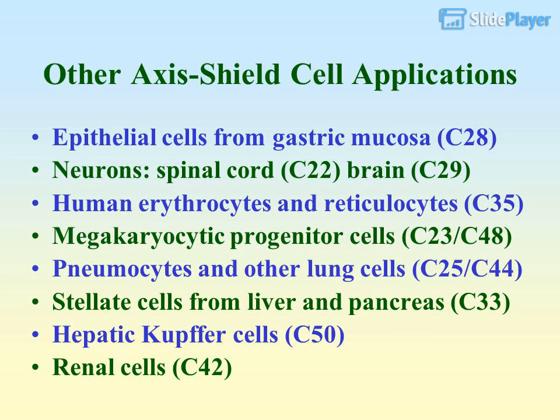Other Axis-Shield cell applications: epithelial cells from gastric mucosa, C28; neurons, spinal cord, C22, brain, C29; human erythrocytes and reticulocytes, C35; megakaryocytic progenitor cells, C23/C48; pneumocytes and other lung cells, C25/C44; stellate cells from liver and pancreas, C33; hepatic Kupffer cells, C50; renal cells, C42.